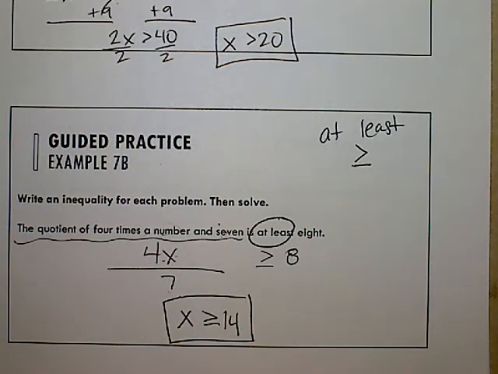So x is greater than or equal to 14. First I multiply it by 7 and then divide it by 4.